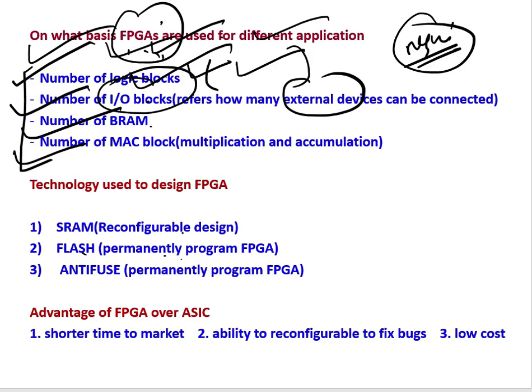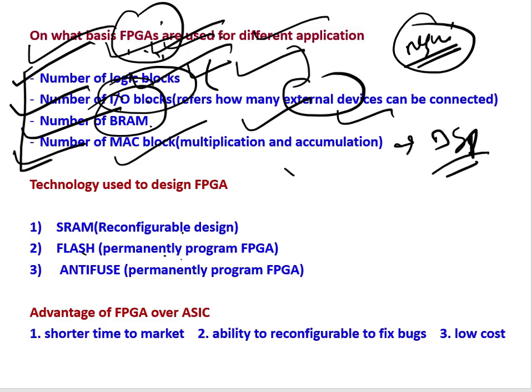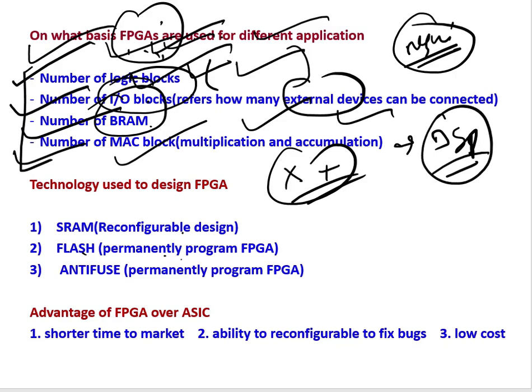If you want more memory, then you go with an FPGA having more block RAM. The MAC block is multiplication and accumulation, that is for DSP applications. The multiplication and addition block is called the MAC block, and if your application is related to DSP, then you can go with an FPGA having more MAC blocks.